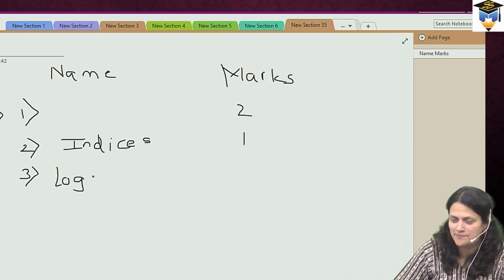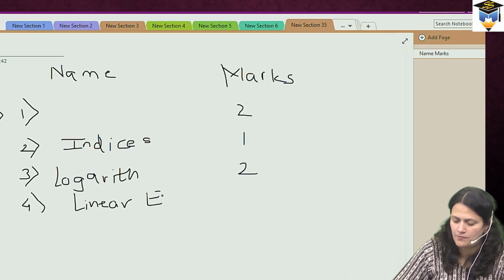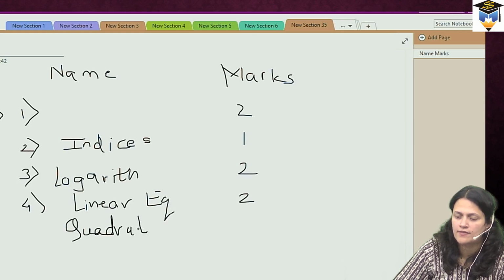Logarithm, which is asked for 2 marks. Then linear equation, 2 marks. Quadratic equation, again 2 marks.